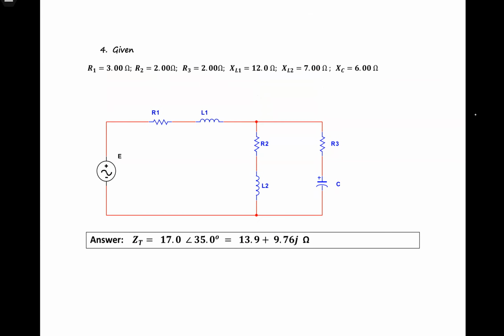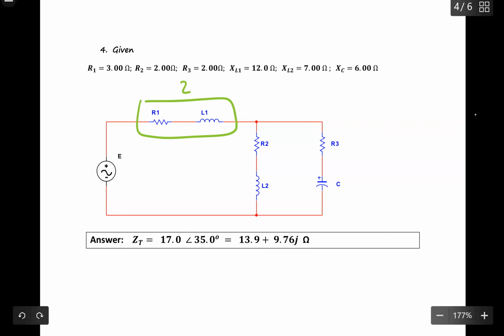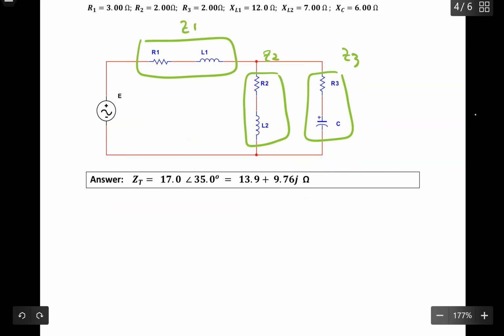The same thing here. This will be my Z1, this will be my Z2, this will be my Z3, and the same approach: a simple diagram.